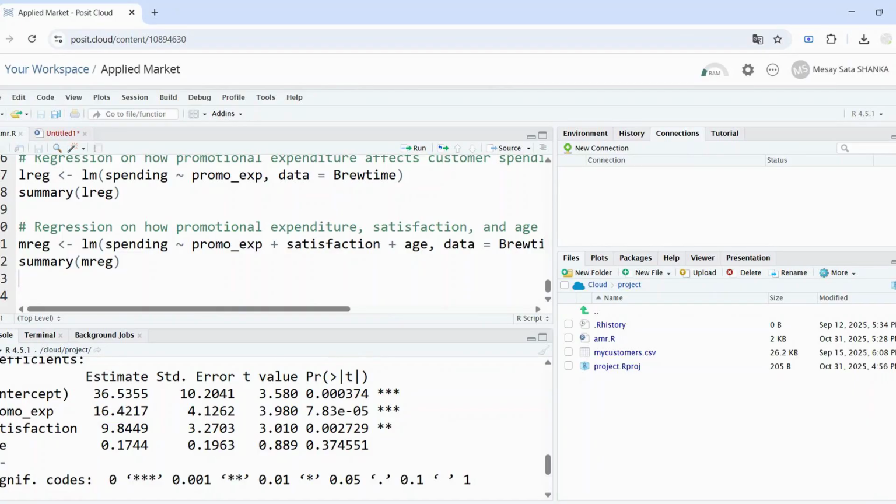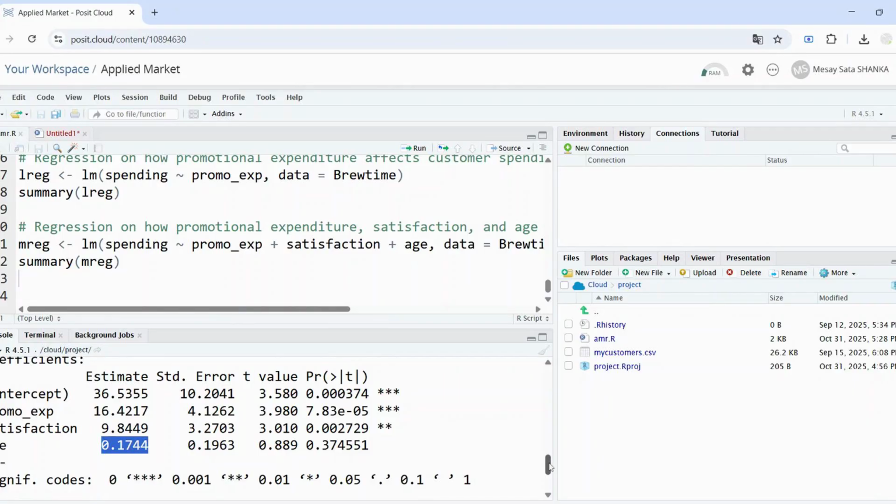The satisfaction coefficient is 9.8, showing that for every 1 point increase in customer satisfaction, spending increases by about 9.8. The last, age coefficient, is small and not statistically significant.